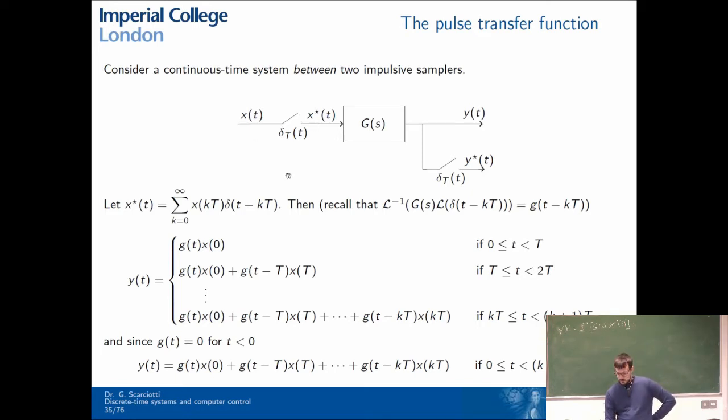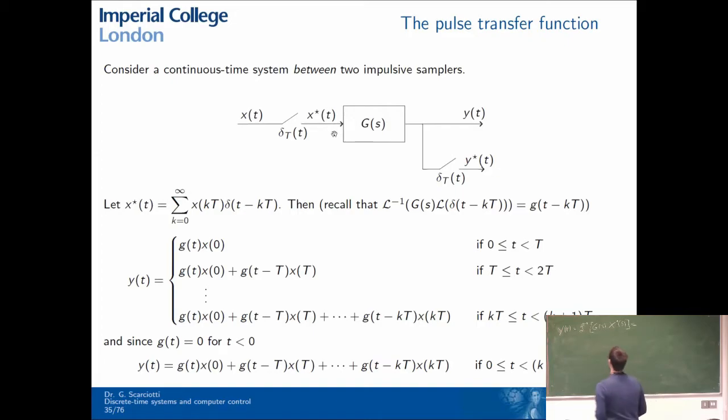So x star of t is by definition given by this expression over here. We have shown this relation in the last lecture. Now we are going to try to find an expression for y of t. If we look at the diagram, y of t is equal to the inverse Laplace transform of g of s times x star of s.